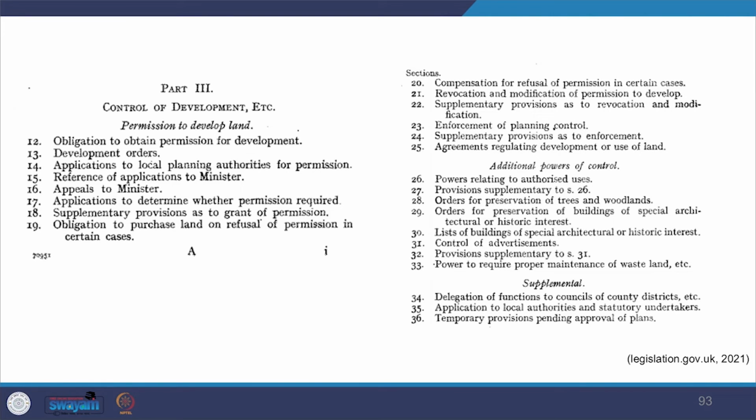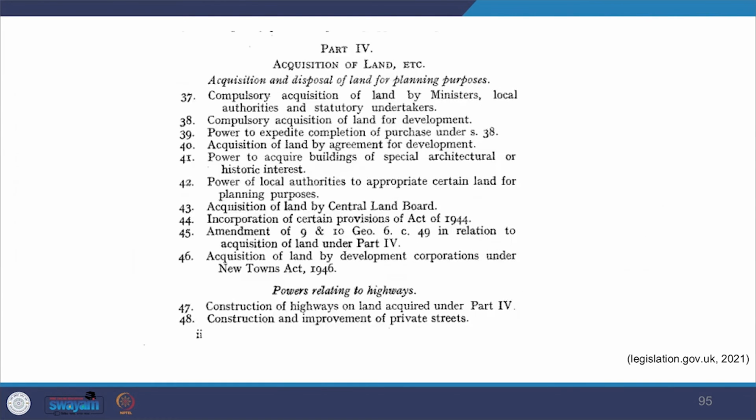You can see here how those development controls are being specified. Further, it provided details on land acquisition, how the land can be acquired. Furthermore, it provided details on compensation on compulsory land acquisition. Likewise, it provided details on the development charges, how the development charges have to be taken here.